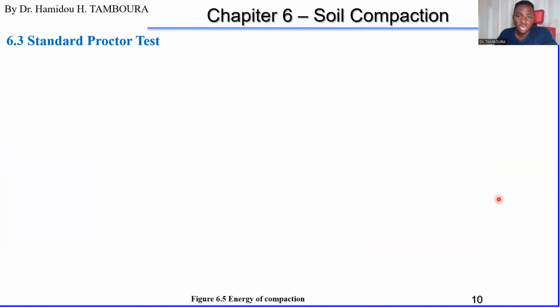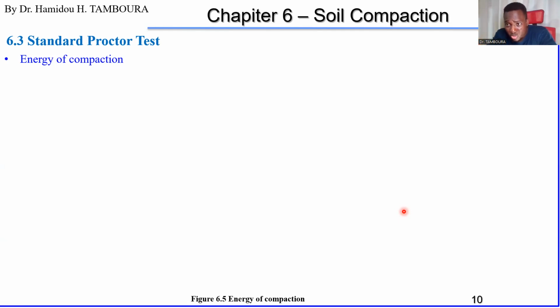And now, how do you obtain the energy? The energy of compaction, the effort of compaction. Because the objective of doing this test in the lab is to obtain the maximum dry unit weight, and then obtain the optimum water content.